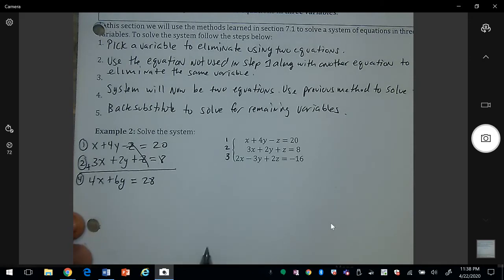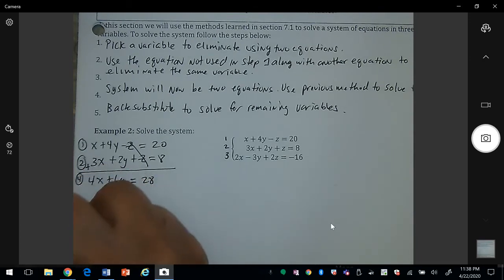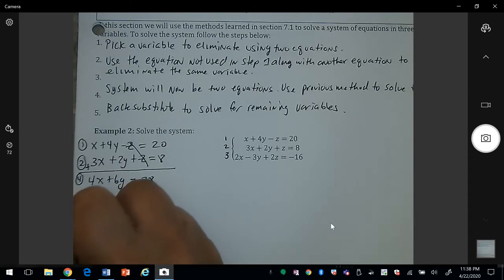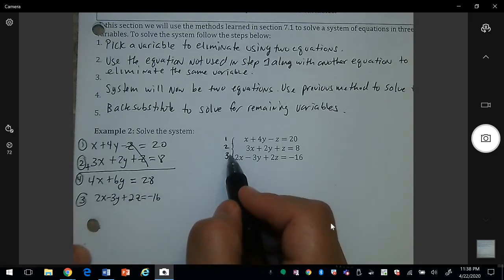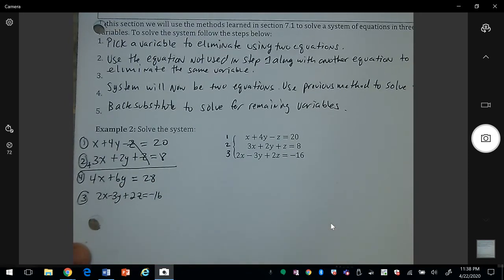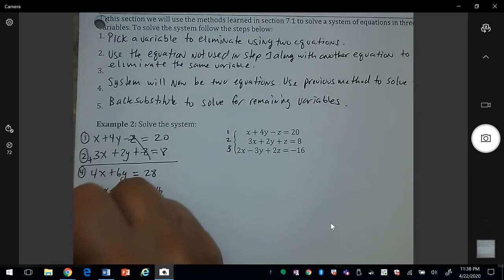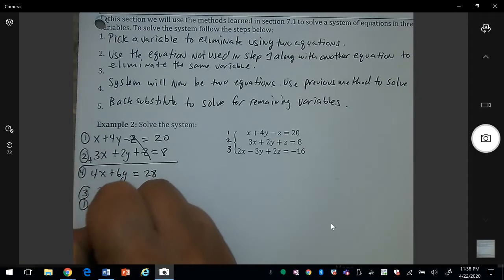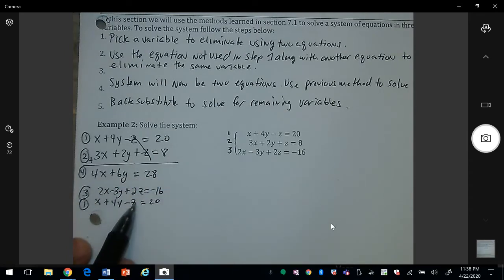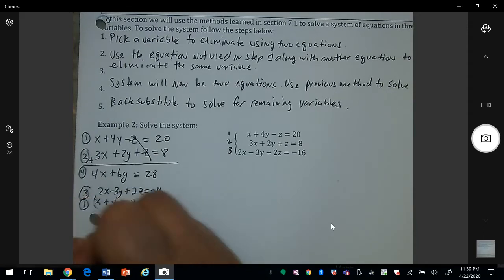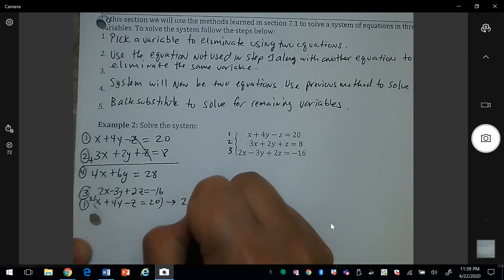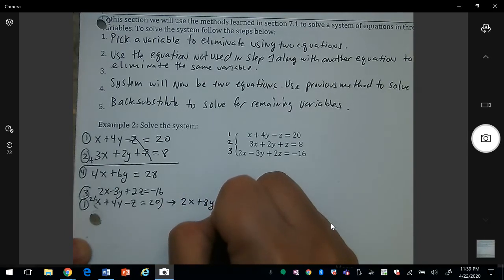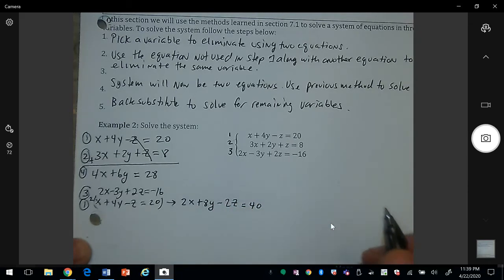Now in step 2, it asks for us to use the third equation since we haven't used it. And we can choose either equation 1 or 2 to help us get rid of the same variable z. So I'm going to use equation 1. And notice that my z's here don't have the same coefficient. So I'm going to rewrite this equation by multiplying all of this by 2. So I end up with 2x plus 8y minus 2z is equal to 40.